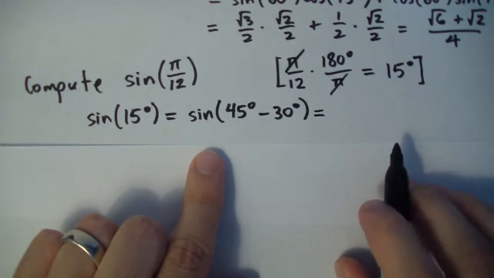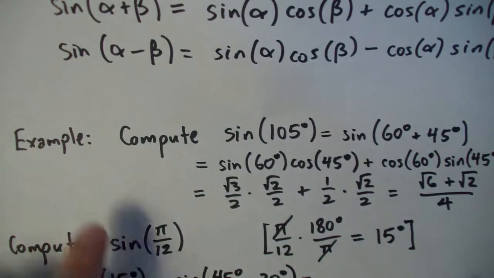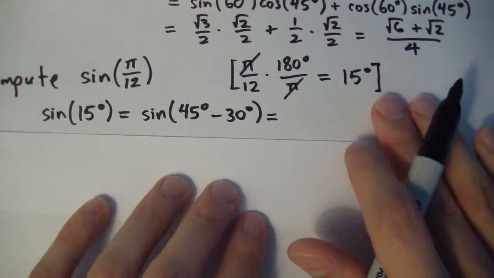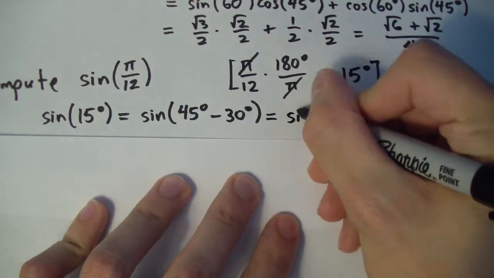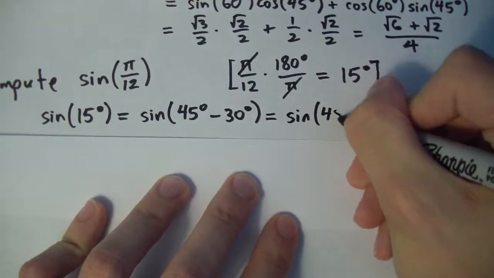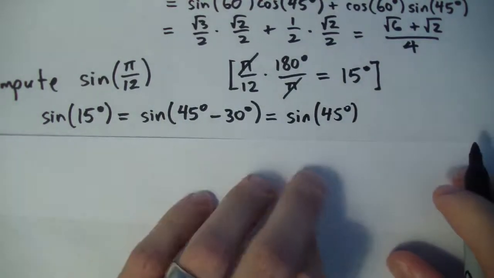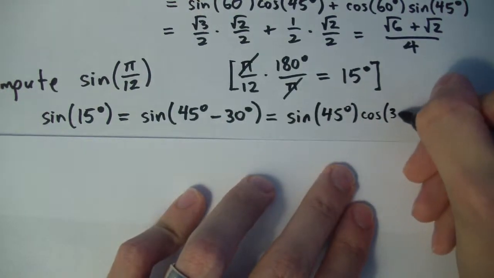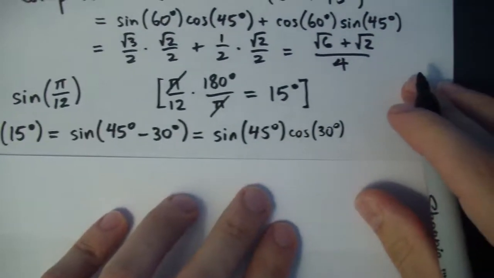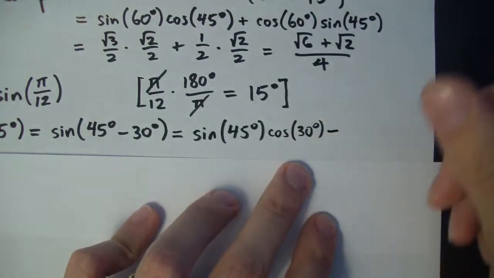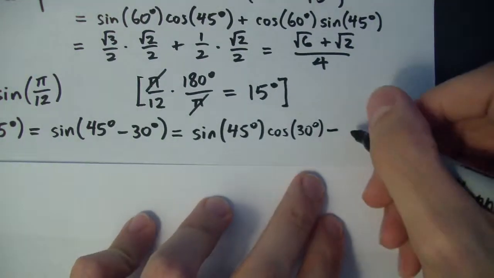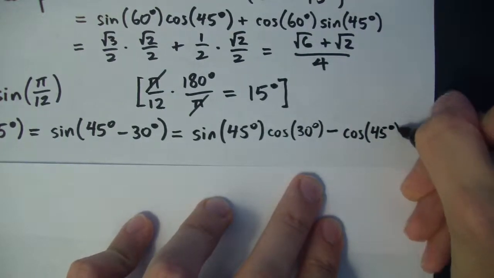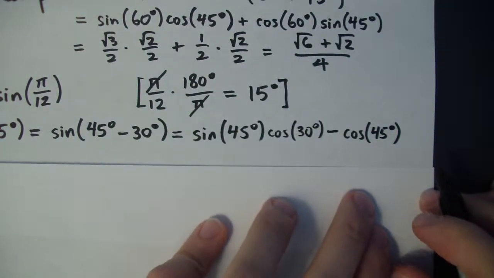So we just consult again our difference formula. It is sine of the first angle times cosine of the second angle minus cosine of the first angle times sine of the second angle.